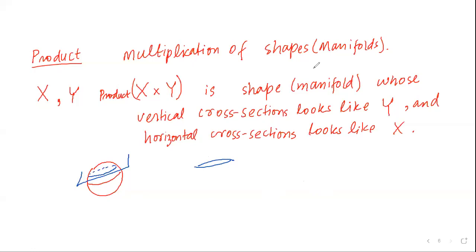Okay, so do you understand the definition of product? Yes. Okay, good. So let's see some examples of products. Let's make a table. Let's suppose I have a point, I have a line segment, basic building blocks की बात कर लेते हैं.